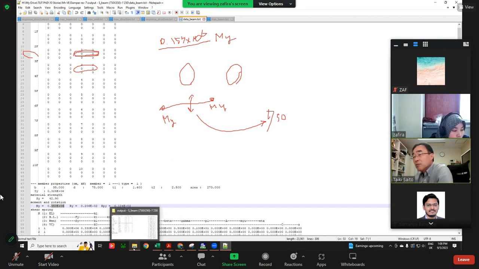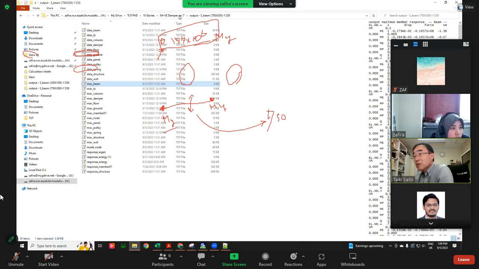After making pushover, yielding happens at the beam end, and My is this value. So it must be the capacity, but it doesn't reach the maximum, though the ductility factor is 1.